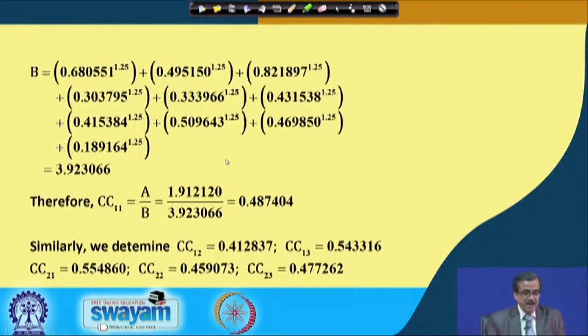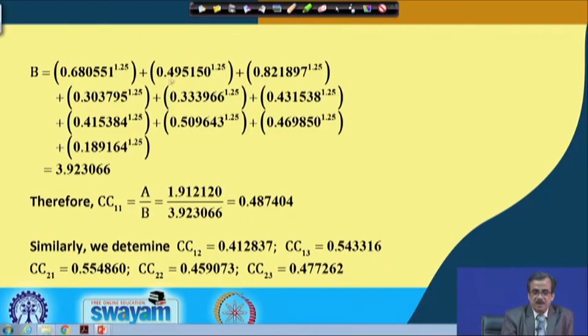If I do that, then very easily I will be able to find B, that is nothing but 0.680551 raised to the power 1.25 plus 0.495150 raised to the power 1.25, and this corresponds to i equals to 2.